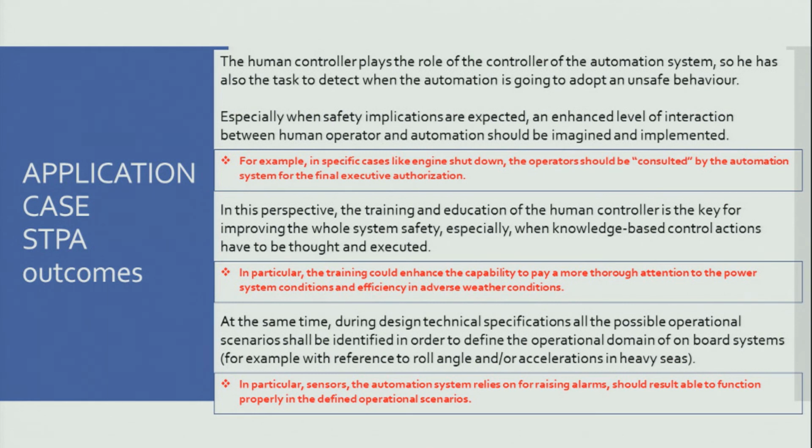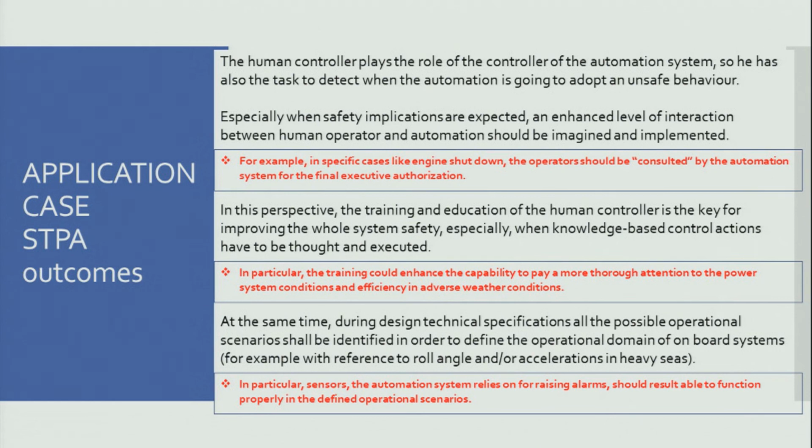Maybe it is better in specific cases like engine shutdown that the operator is consulted by the automation system for the final executive authorization. So it is not just a matter of alarms, but in case the automation is on the point of shutting down the engine, just let the human being be aware of it. So the automation should speak more with the human controller.